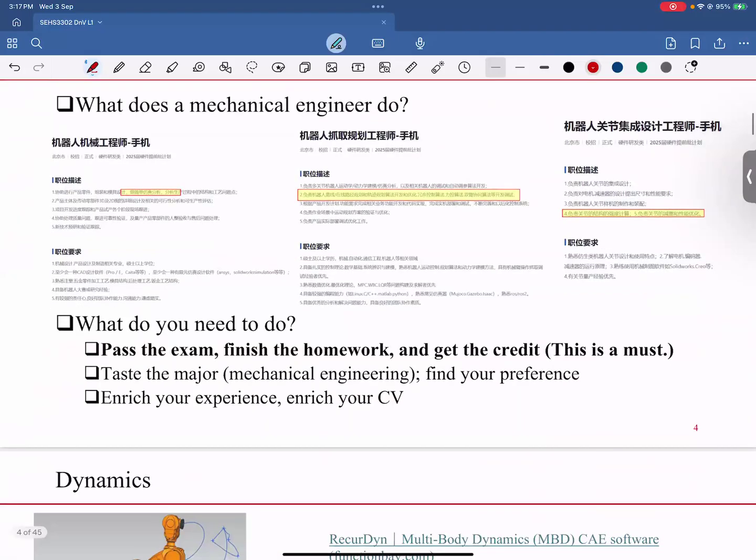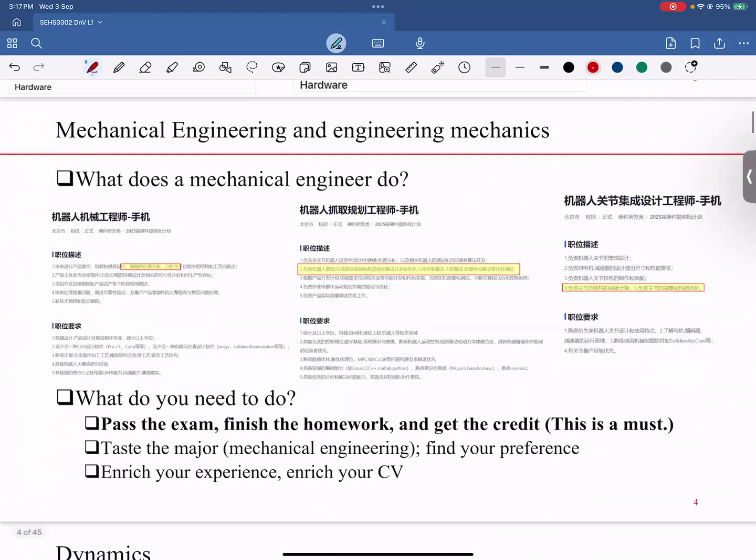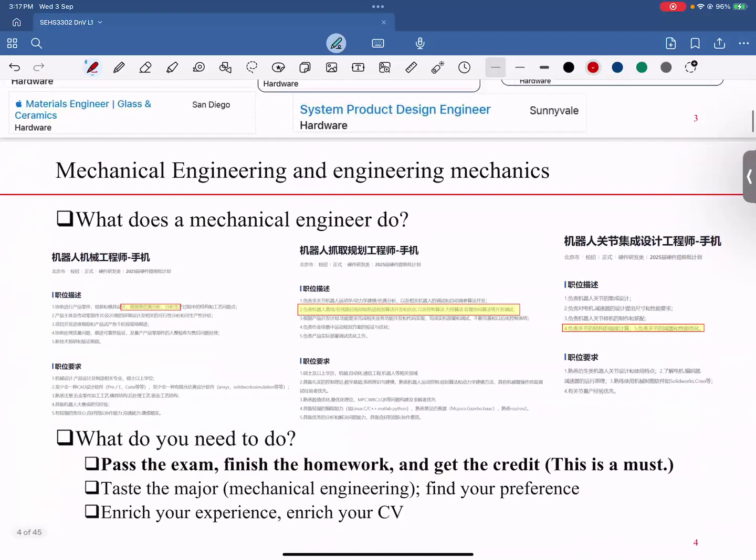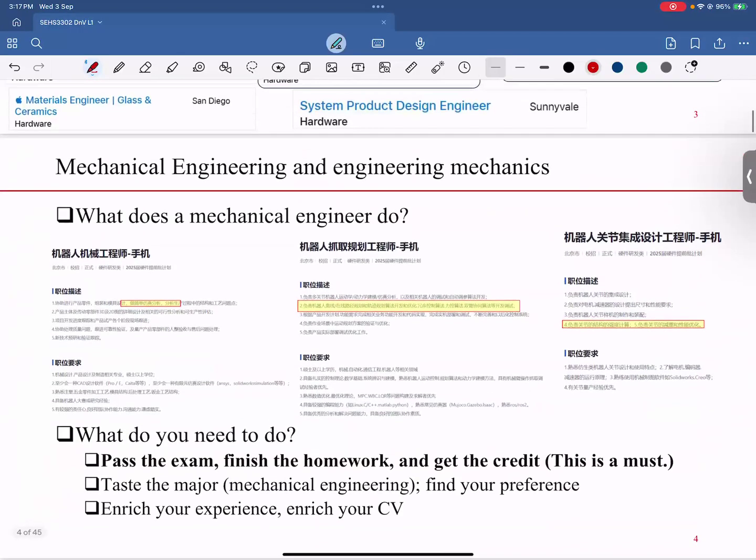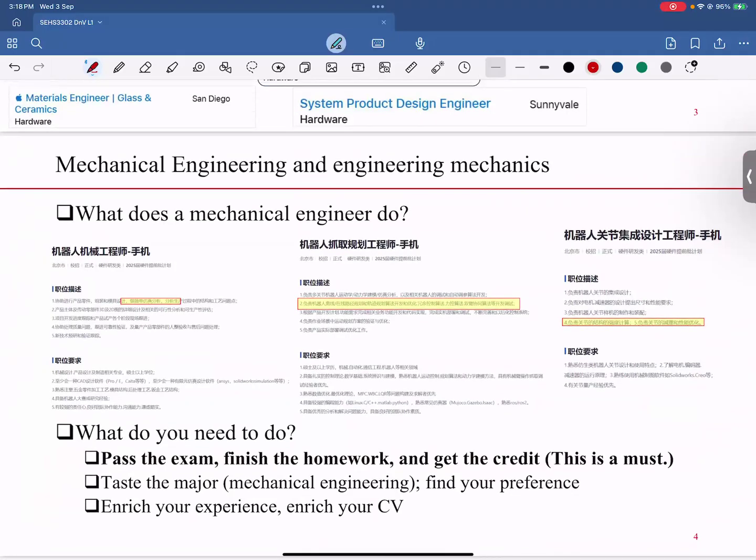Also, in your FYP, final year project, you will also use some of the dynamics knowledge to do the simulation or to write your essay or report.